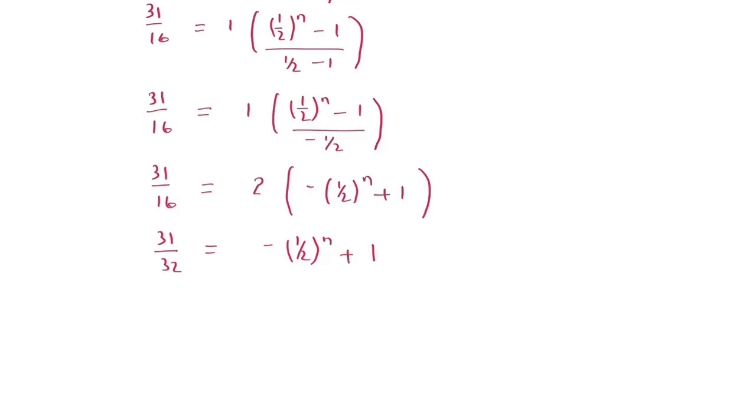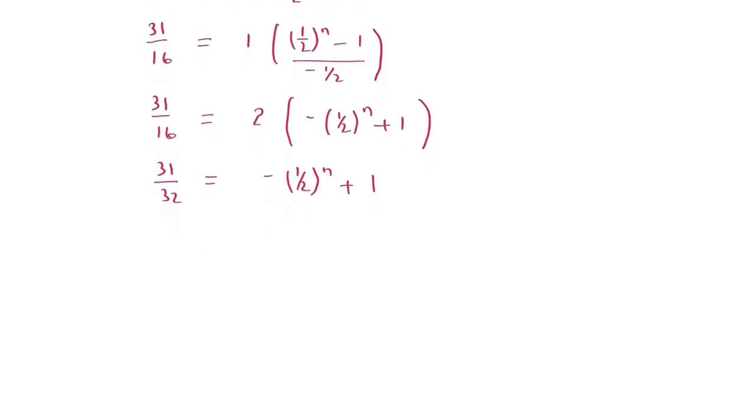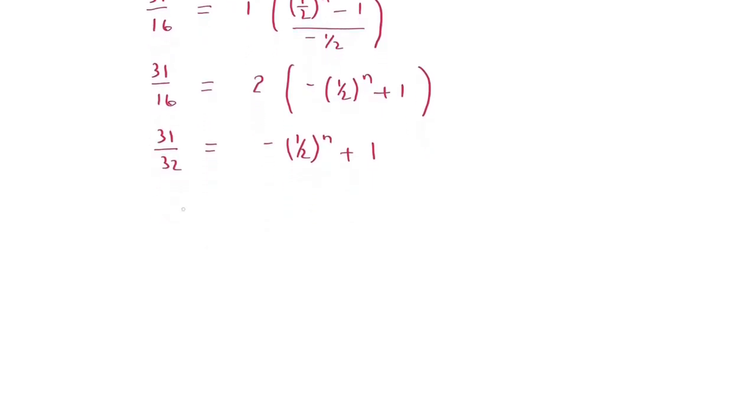Okay, so next we are going to combine the constant terms. Then we are going to have 1/2 power n equals 1 minus 31/32. Solving this, we have 1/2 power n equals 1/32.